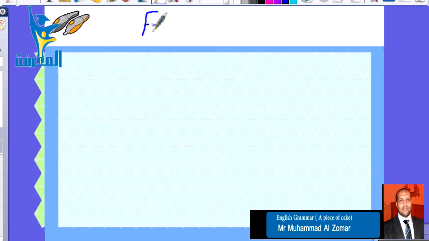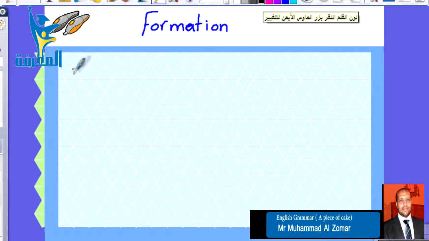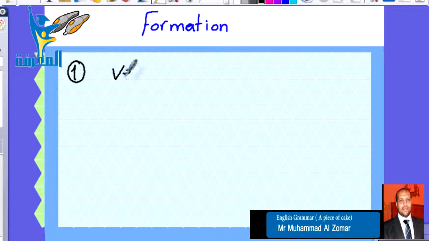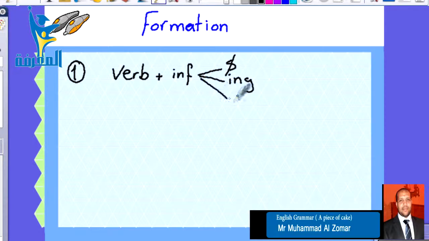If we are talking about the formation of the present simple tense, we shall say that it has 2 shapes. The first shape is the verb in the infinitive shape, without any addition, without s, without ing, or without ed.